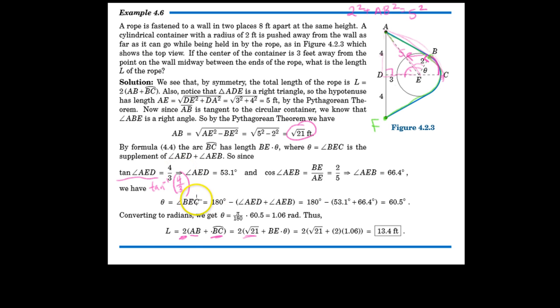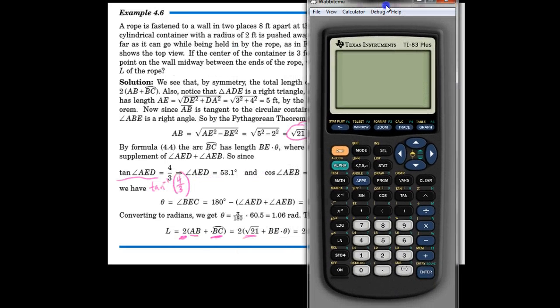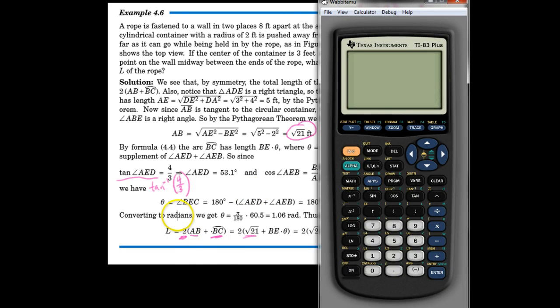The thing I wanted to warn you about if you're using your calculator: if you want to deal with degrees, that's fine, but you're going to have to convert back to radians. The book decided to go with degrees. But another way I want to show you is if I want to go into radians here, I'm going to scroll down and select radians.